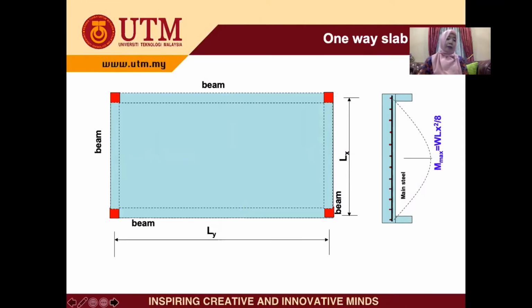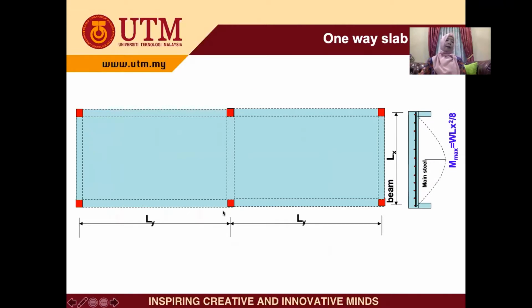Now, if we have a plan like this, with 2 panels, in this case also, since it is surrounded by beams, let's say this is P1 and this is P2.